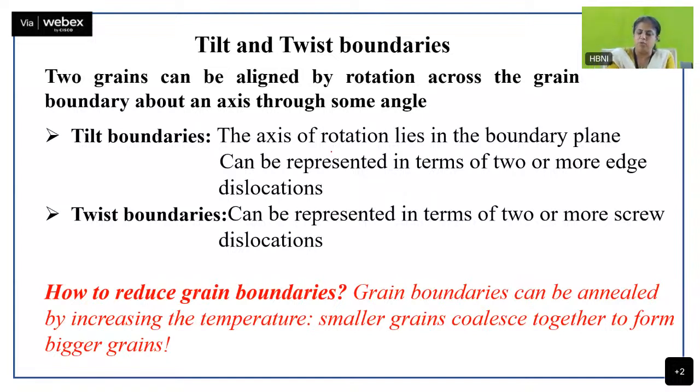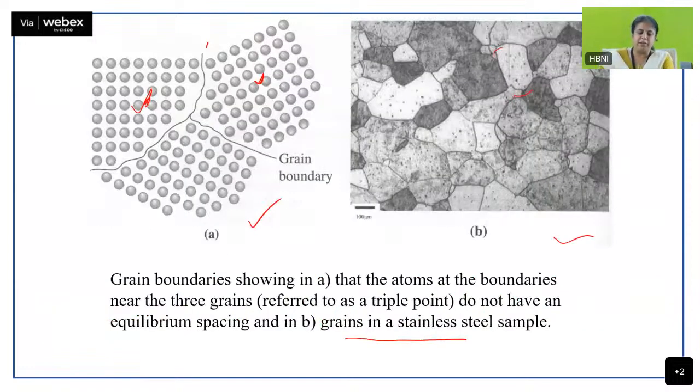If my grain boundary can be represented in terms of two or more edge dislocations, what I want to say here is, suppose these two grains are oriented with respect to each other, and as I told you, I can represent my edge dislocation by this, and then slightly by this, and then slightly by this, and I am able to reproduce this orientation in this particular crystallite.